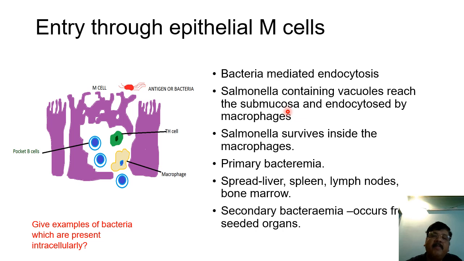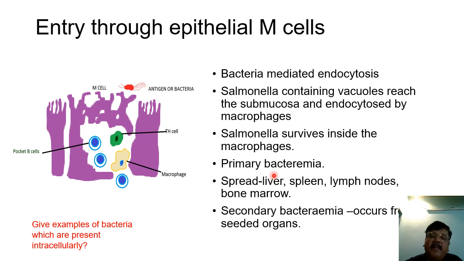Then Salmonella-containing vacuoles reach the submucosa and are endocytosed by macrophages. You can see the macrophage here, which will engulf Salmonella. However, Salmonella survives inside the macrophages. Macrophages carry them to the mesenteric lymph nodes, and afterwards there is a primary bacteremia.